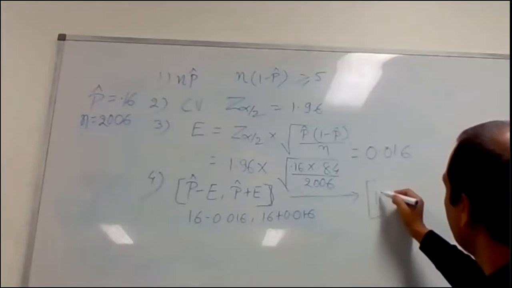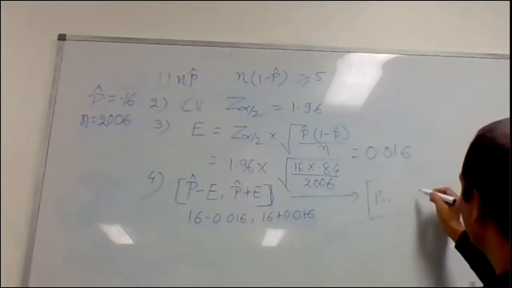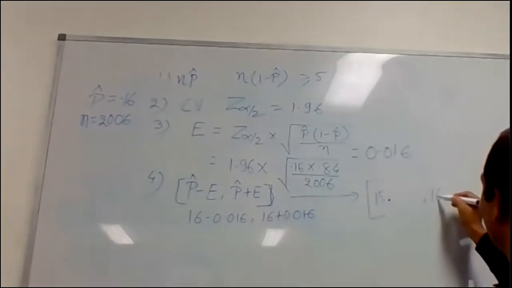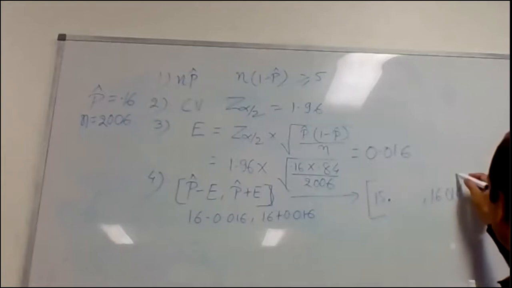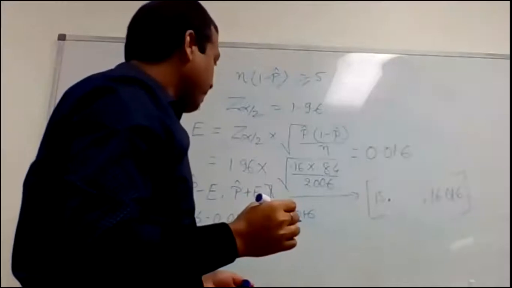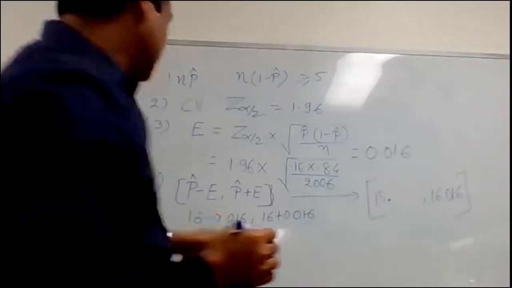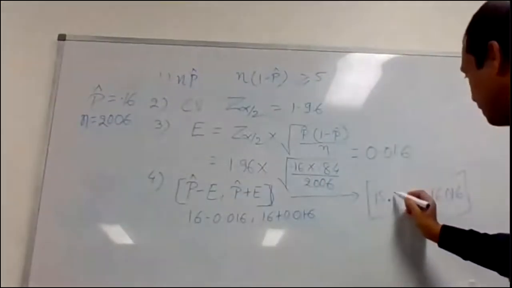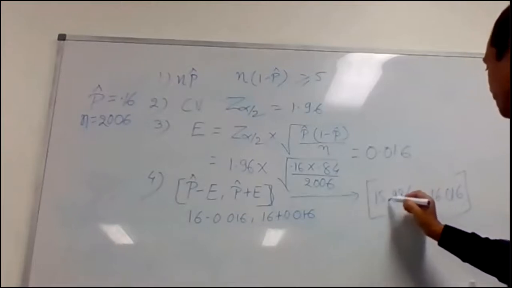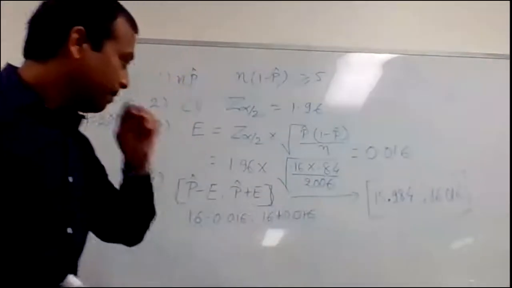One is 15 point something will come, just let me know. And the second one is very clear, 16.016. What is the first one? 16 minus 0.016, it will come 15 point. Okay, let me do it. 15.984. Okay, 15.984, 16.016. Wait, why is it 16? Is it not 0.16?